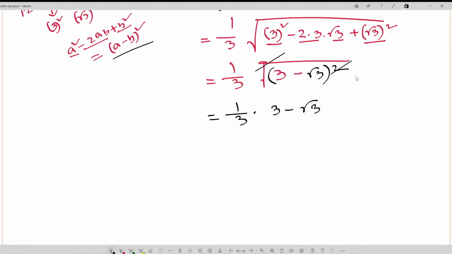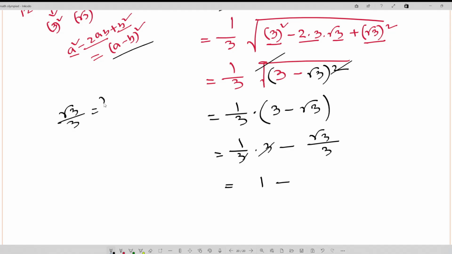So once we multiply, so 1 by 3 times 3 minus root 3 divided by 3. So this one and this one cancel out, so here is 1 minus, so we can use a calculator. Look, root 3 divided by 3 means root 3 divided by root 3 times root 3. So 1 and this root 3 cancel out, so 1 by root 3, right?